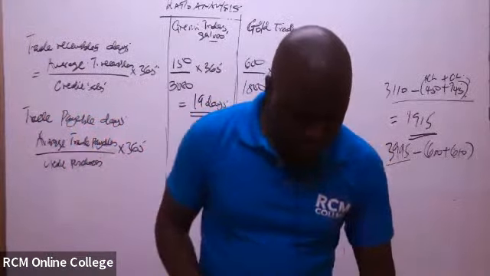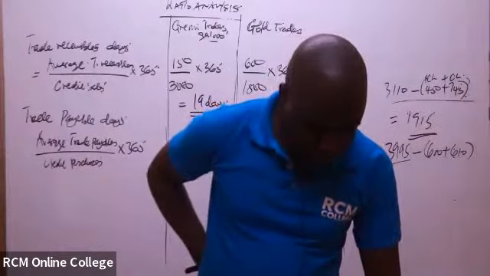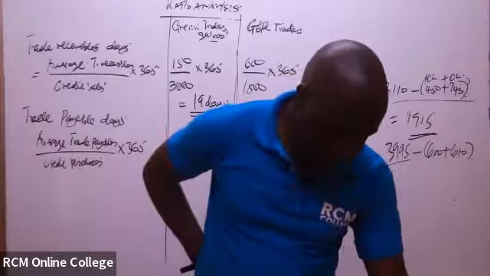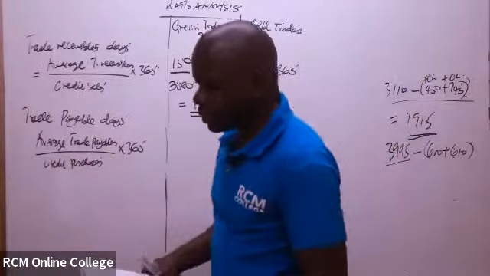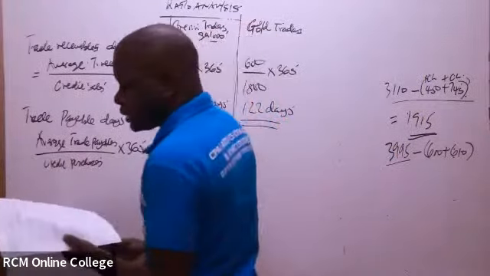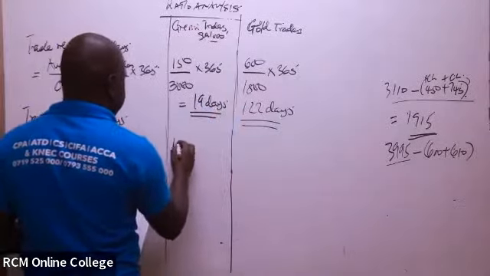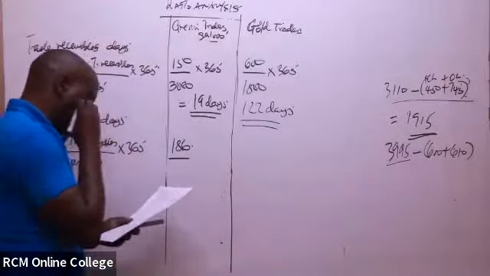The trade payables you can get from the statement: in this case 186 and 330. So we have 186 over the purchases.